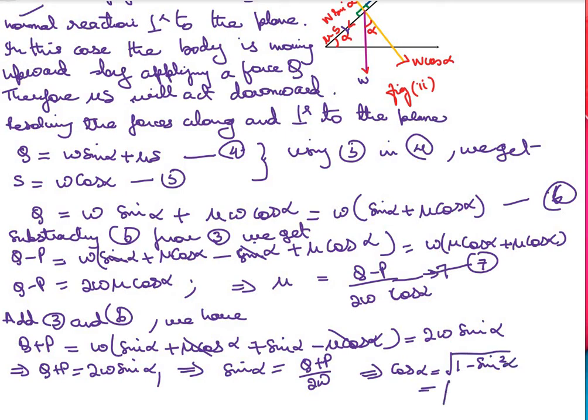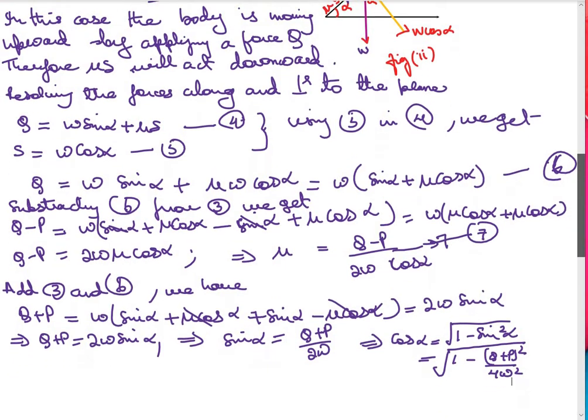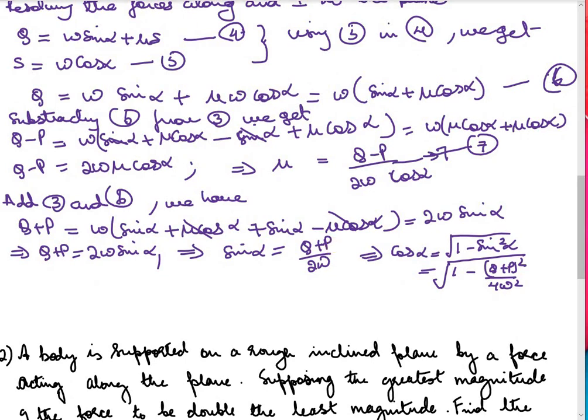And what is this value? It is equal to 1 minus, what is sine square? It is Q plus P the whole square divided by 4W square. So which implies that cos alpha is equal to square root of, bringing the LCM, 4W square minus Q plus P the whole square divided by 4W square.